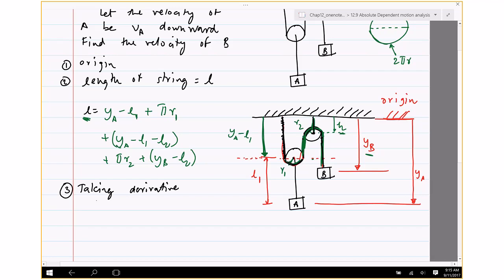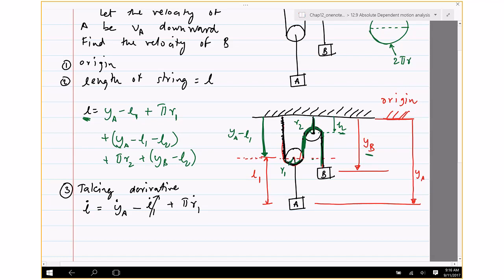So L dot is ya dot minus the derivative of L1. L1 is this length, and that's not going to change with time, so that's 0. Let me write that down to be complete. Plus pi r1 dot.